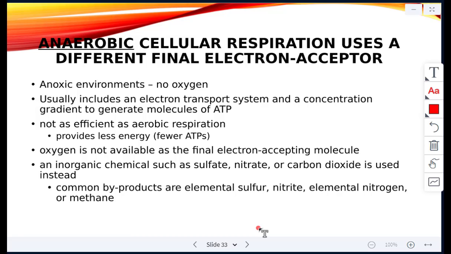Since oxygen is not available as the final electron accepting molecule, a different molecule is used. Usually it's going to be an inorganic chemical like sulfate or nitrate or carbon dioxide. All right, so those are the 3 common chemicals that are used instead of oxygen as the final electron acceptor. Common byproducts are elemental sulfur, nitrate, elemental nitrogen, and methane.